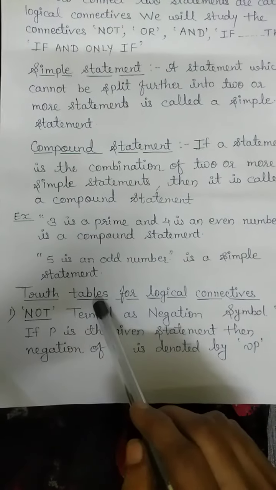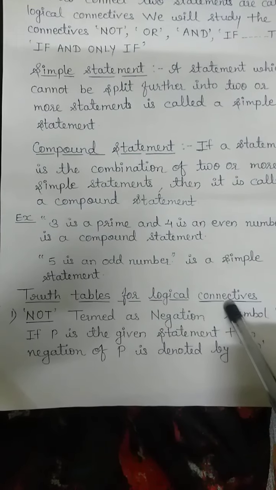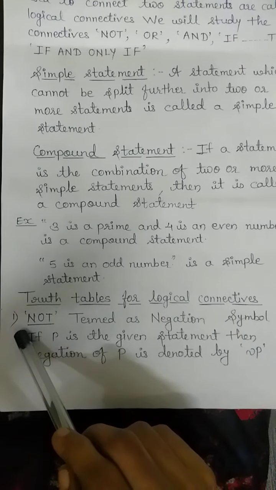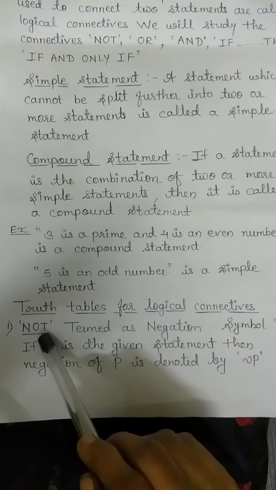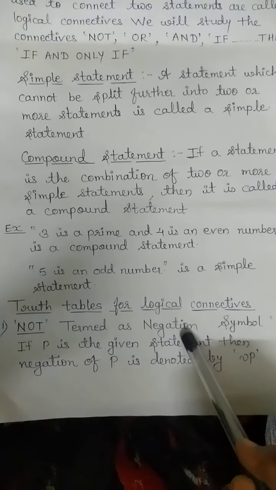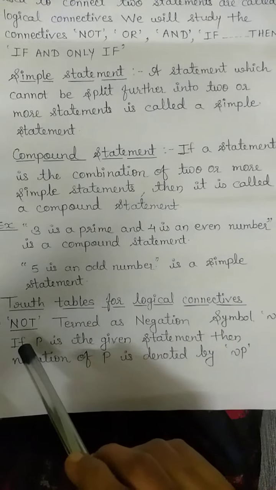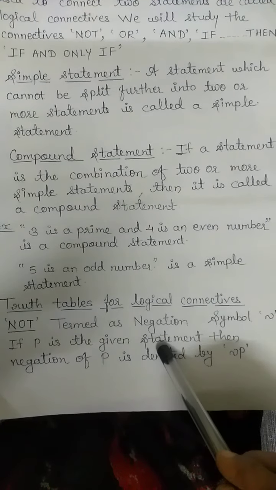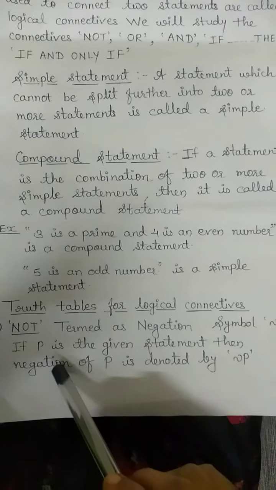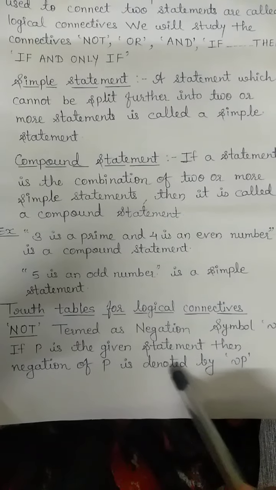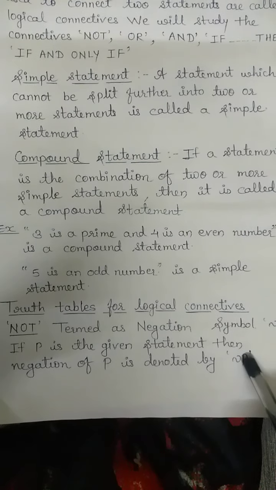Now truth table for logical connectives. First logical connective is not. It is also termed as negation. Symbol is this. If P is the given statement, then negation of P is denoted by this symbol.